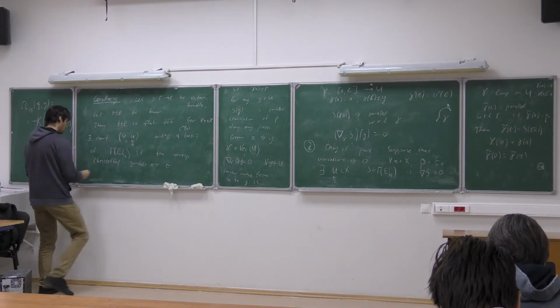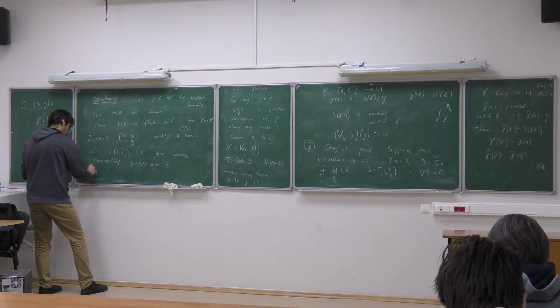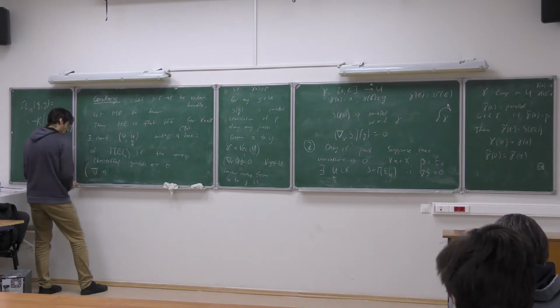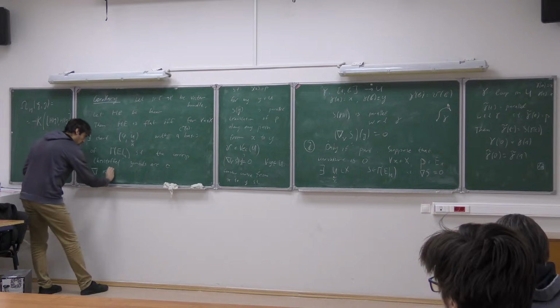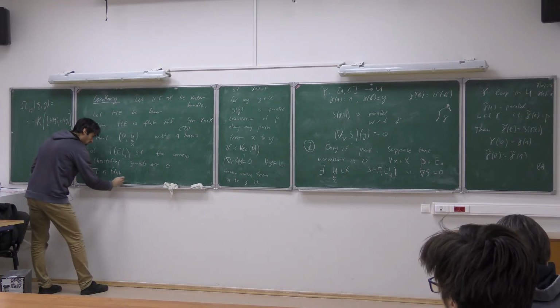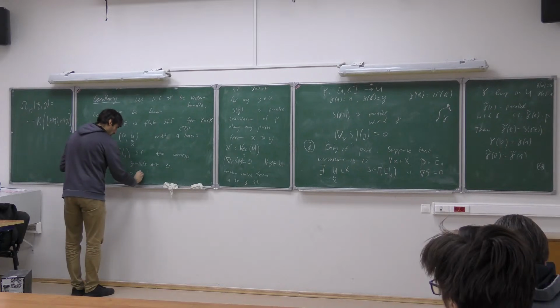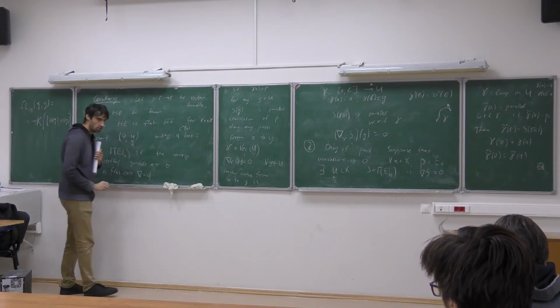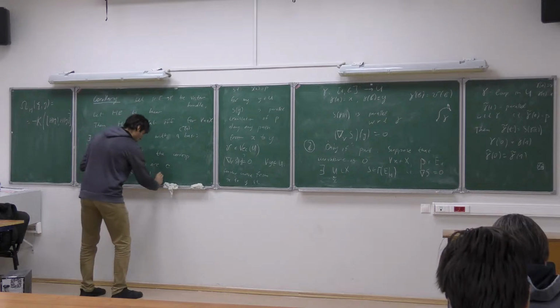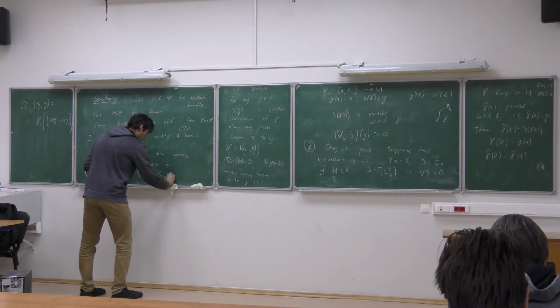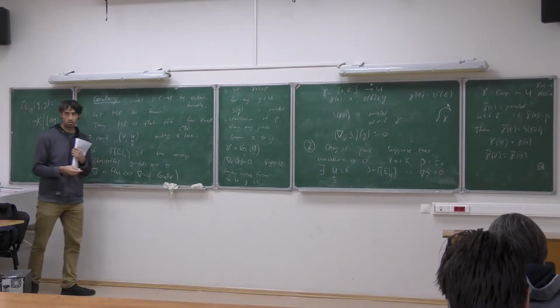So symbolically, the connection is flat if and only if the connection is just d locally. It means it's a locally trivial connection.